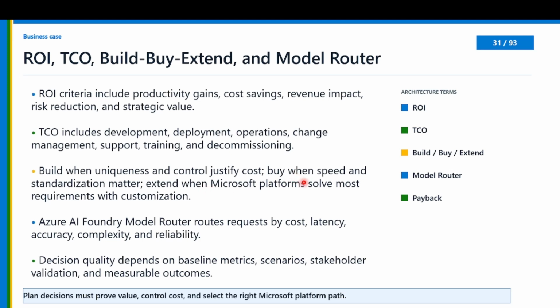So extend when the Microsoft platform solves most requirements with customization.